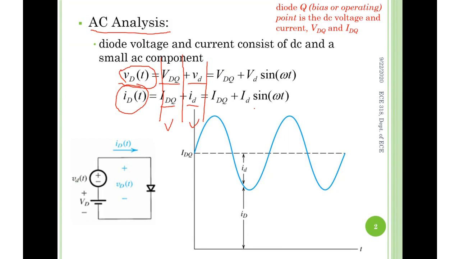They're case sensitive to represent DC and AC respectively. The DC result is whatever comes out of the DC analysis, and the AC result is whatever comes out of the AC analysis. So the total signal, either voltage or current, looks like this blue curve.